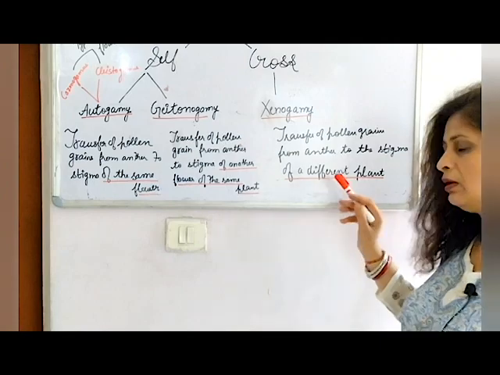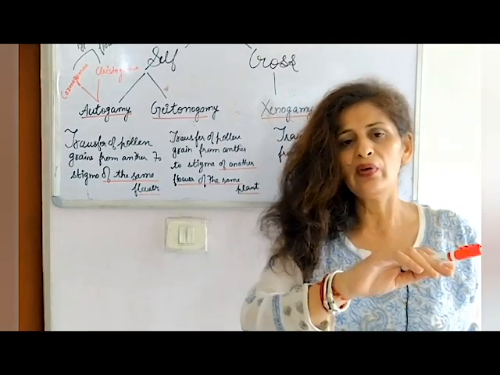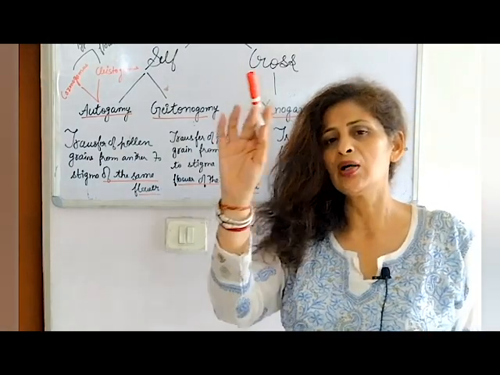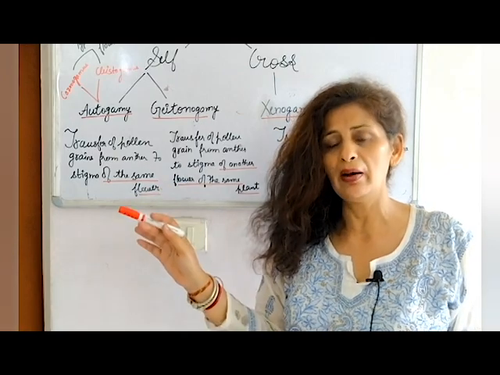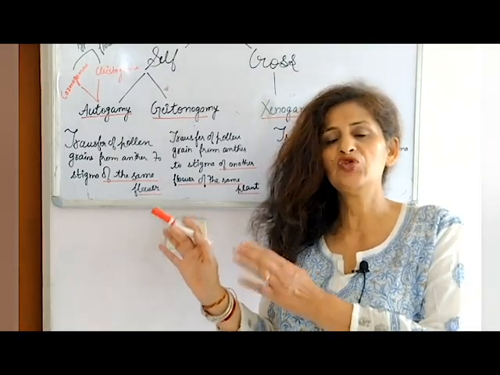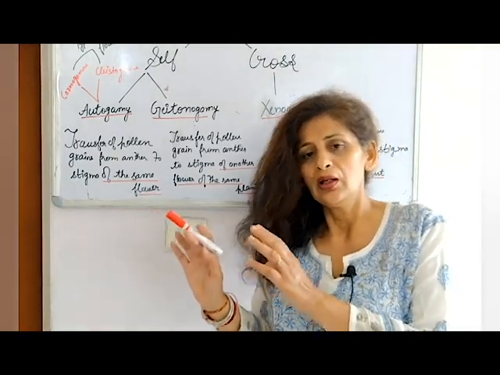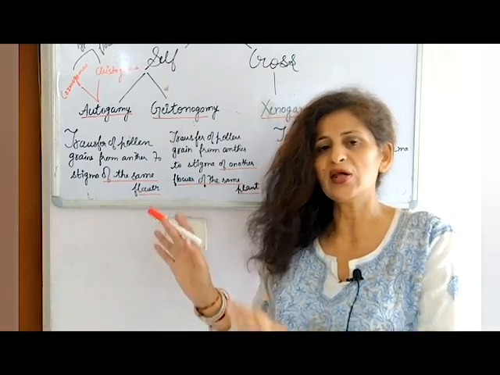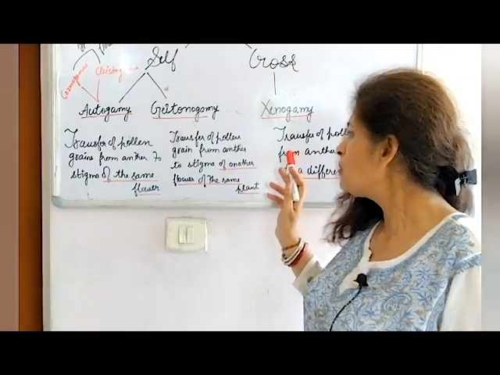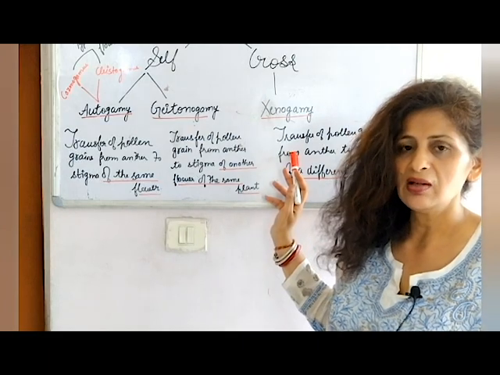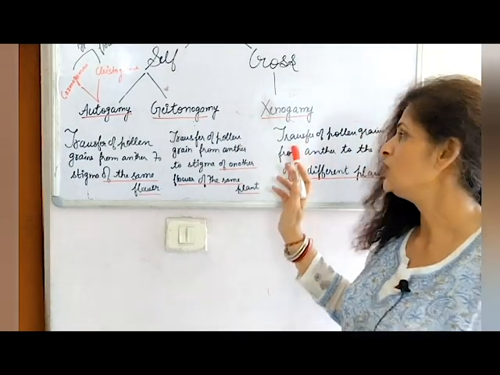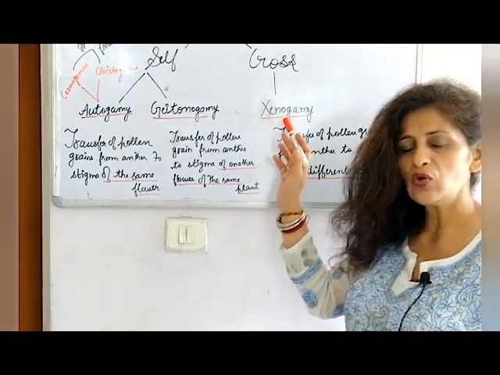Means pollen grain from one plant is transferred to the stigma of another plant. Means here the plants become genetically different, genetically very separate. So when two plants are involved, you can say it is cross-pollination. It is also called xenogamy.